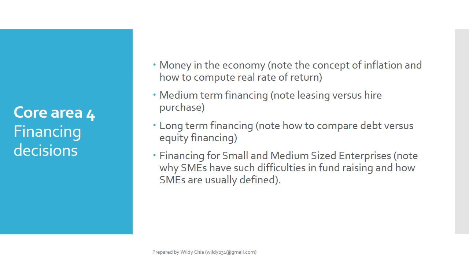Next one, financing for SMEs. Not very difficult to guess what you could be tested on here, right? You should obviously know why SMEs face such difficulties in fundraising, and how SMEs are usually defined. To give you a very simple definition, SMEs are typically those that are family operated, maybe owned by a few friends, and don't have much collateral or much financial track record.